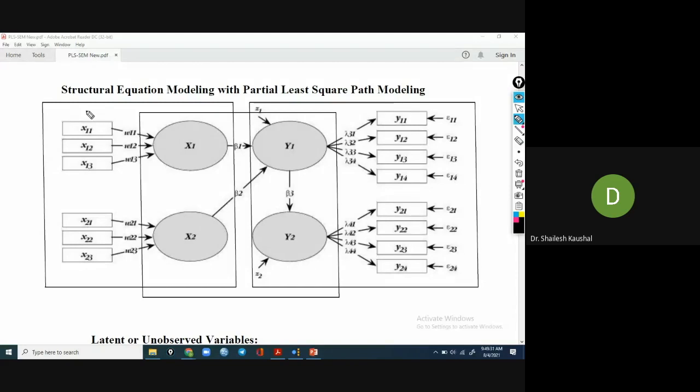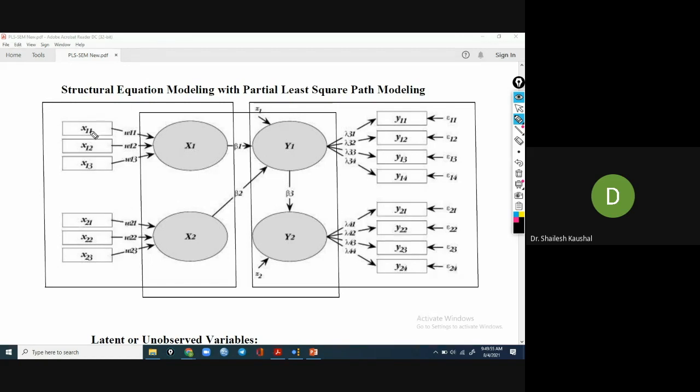On this left hand side there are many variables: x1, x2, x3, x11, x12, and x13.